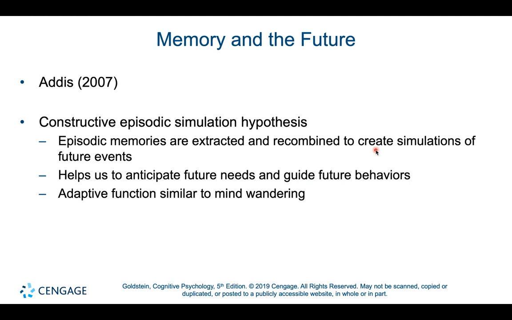So this has led to what's known as the constructive episodic simulation hypothesis. We discussed this a little bit again in part one when we talked about the relationship between episodic memory and the future.